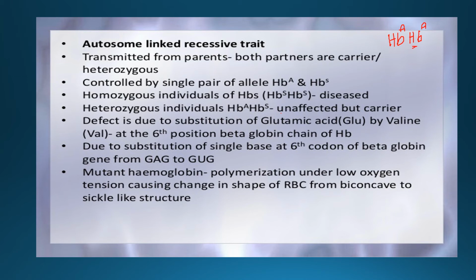If one of the hemoglobin genes is mutated, the person will have HbA and HbS. Here a single allele is mutated, whereas the other one is normal. We call this heterozygous.